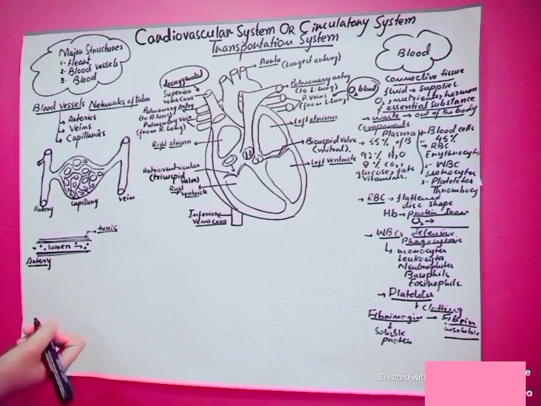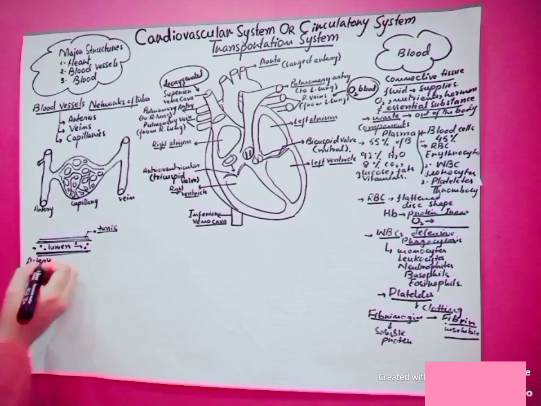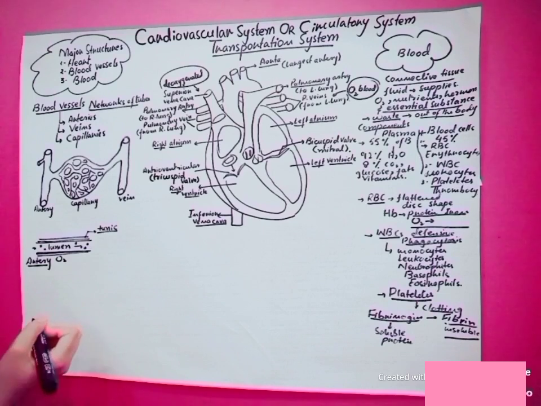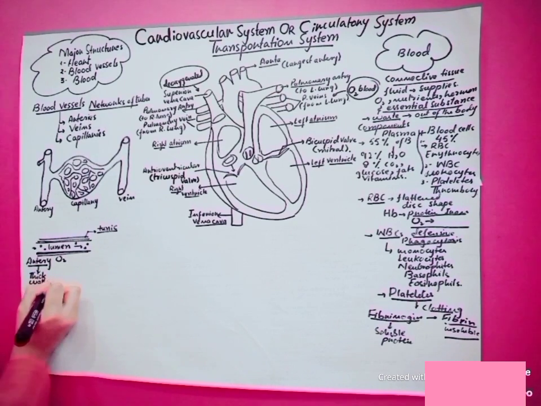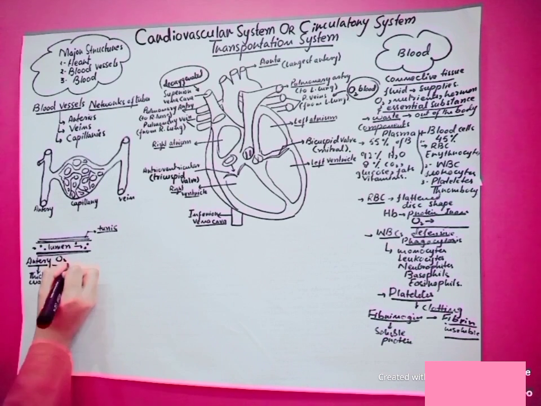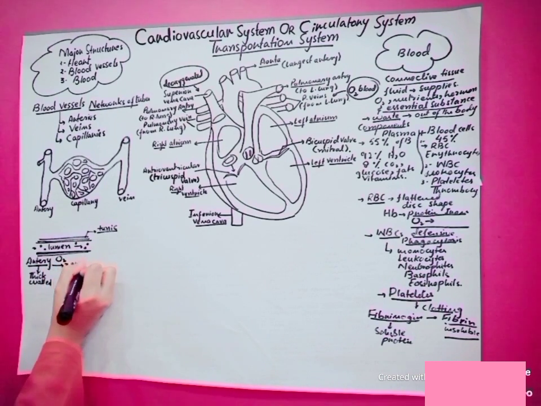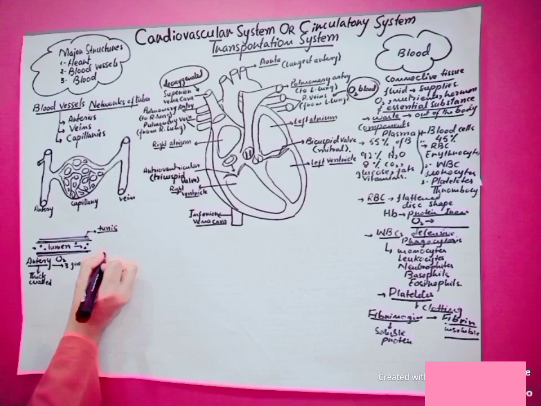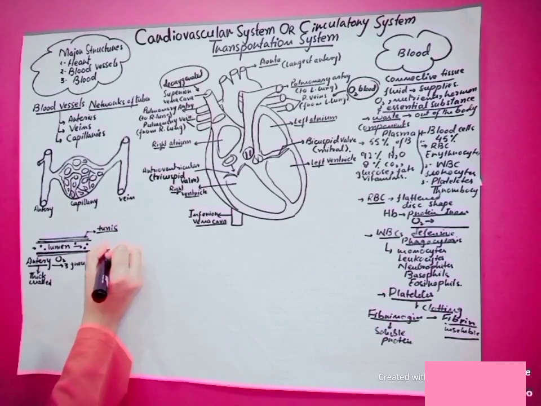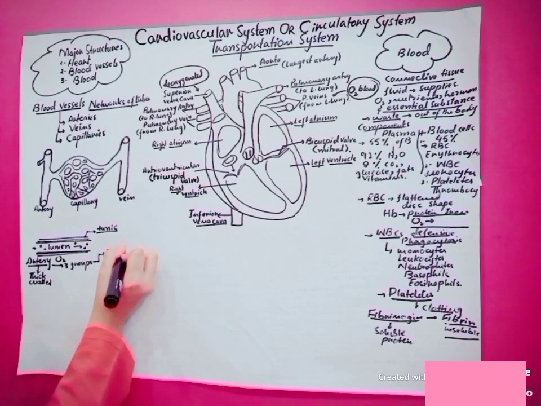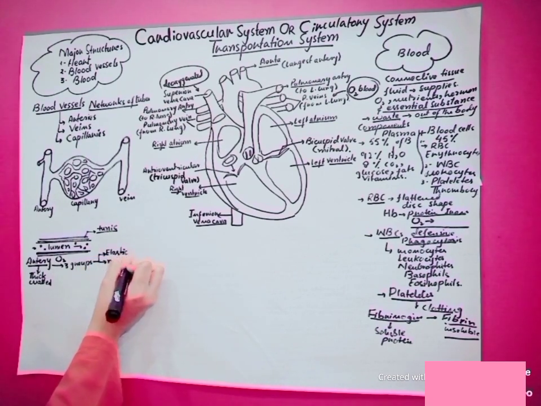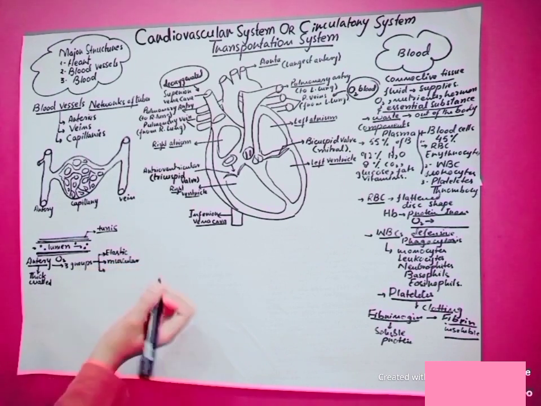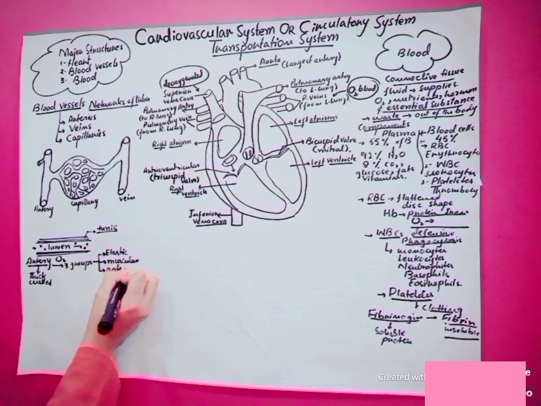Artery is the blood vessel which circulates or transfers the oxygenated blood. They are thick walled and they have three groups: elastic artery, muscular artery, and arterioles.